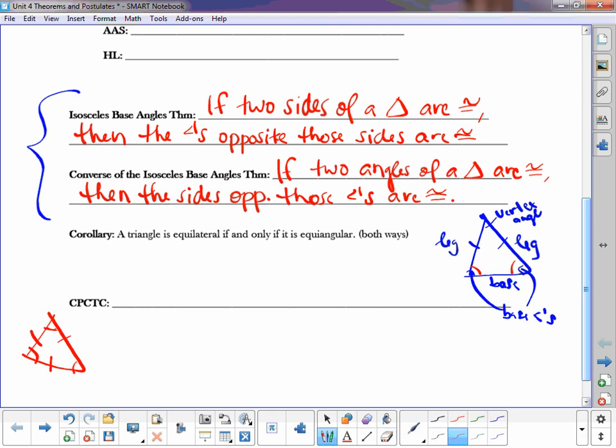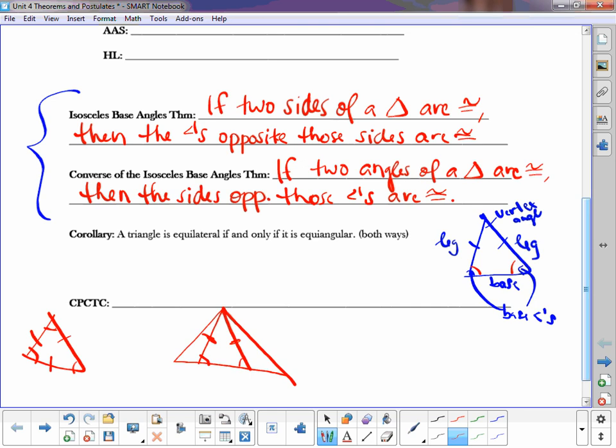I think we had a problem somewhere that was kind of like that, where if we were given that this was isosceles, then I could go ahead and use the isosceles base angles theorem to state that those angles are congruent as well. And that could help me sometimes get additional information about certain triangles. So I used that a little bit on that worksheet too. That's why some of those answers I said you might not have had the same thing.